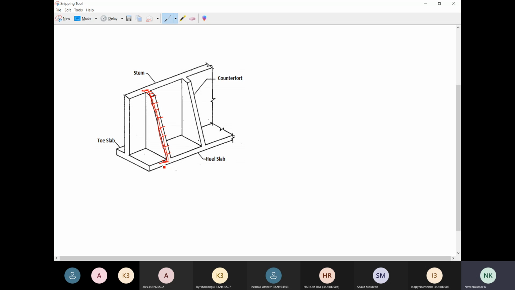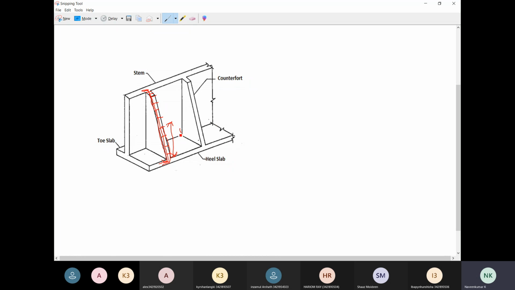Similarly, from here also the reinforcement is provided for some distance. That distance is decided based upon the height of the stem. Our height of the stem in this case is 7.8 meters. Don't get confused: in the previous case of the cantilever retaining wall, the height was 5.2 meters, but in this case it is 7.8 meters.